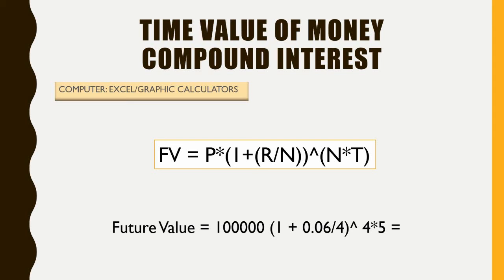Okay, in Excel, you are able to type in the same exact formula and figure out what the future value is. So in this case, on Excel, you do need to be very, very cautious because Excel is very sensitive to formulas, right? And the best way to make sure that it calculates in the exact order of operations is to use parentheses, right? Because Excel is very straightforward. If you say 5 times 4, it will give you 20.